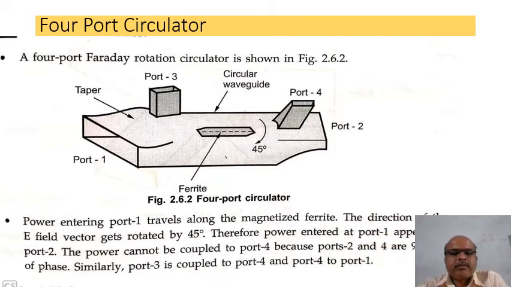So this is a basic diagram of a 4-port circulator. When a wave enters port 1, it passes through this ferrite and is rotated clockwise by 45 degrees. So when we give input to port 1, we get output at port 2, then at port 3, and then at port 4 in a clockwise direction.